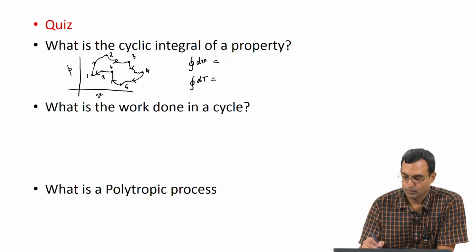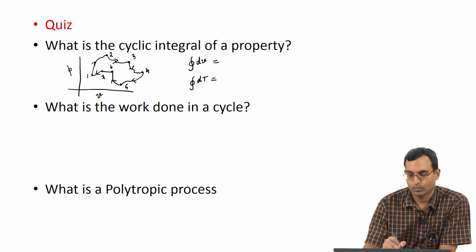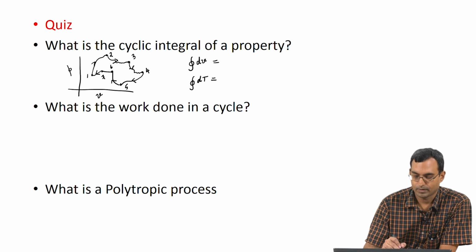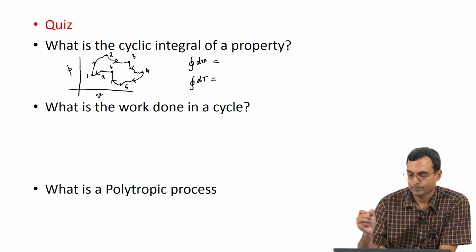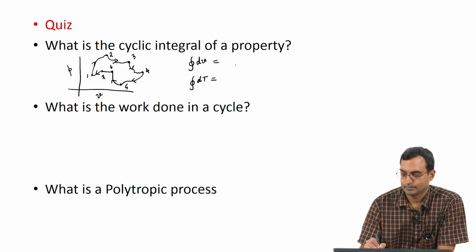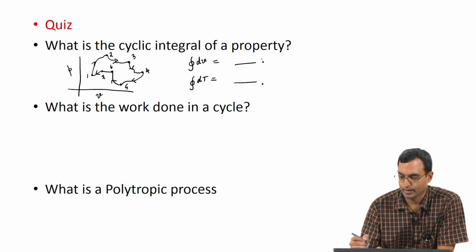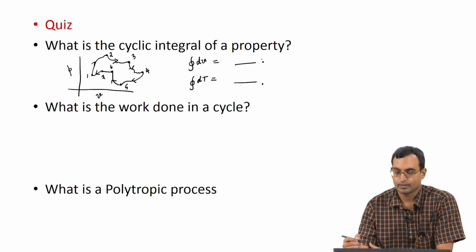Essentially, this would be the change in volume from 2 to 1 plus the change in volume from 3 to 2, from 4 to 3, from 5 to 4 and so on. And if we add up all of those, what do we get? You should possibly pause here and try to figure out the answer.